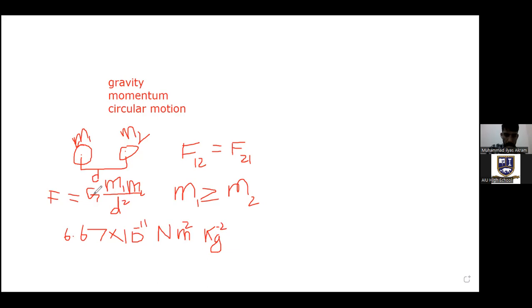These are the units of the gravitational constant, and this is the value of G.